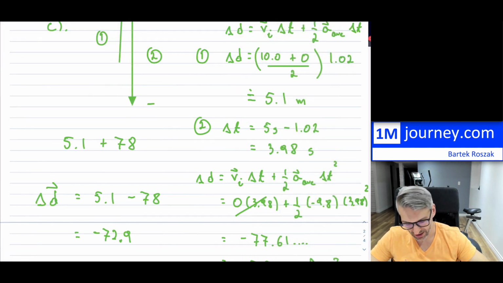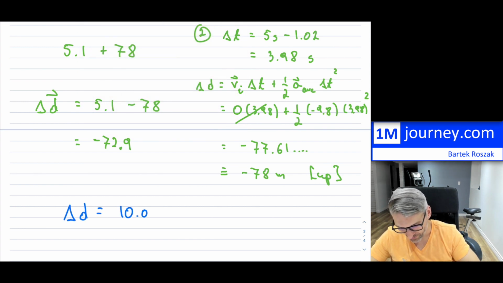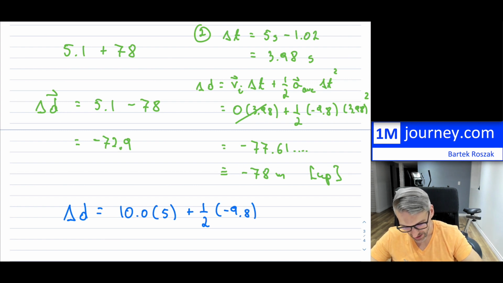So we could have done it like this, or as I mentioned, let's just complete this. This would have been delta D is equal to 10 multiplied by 5 seconds plus the 1/2, the gravity, which is 9.8 down, and then your 5 seconds squared.